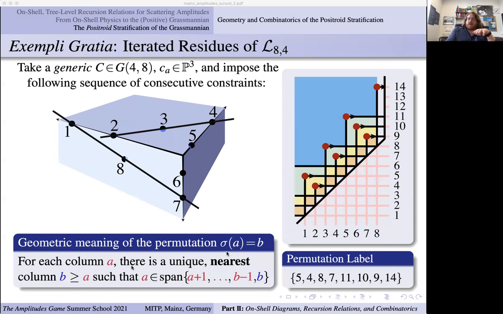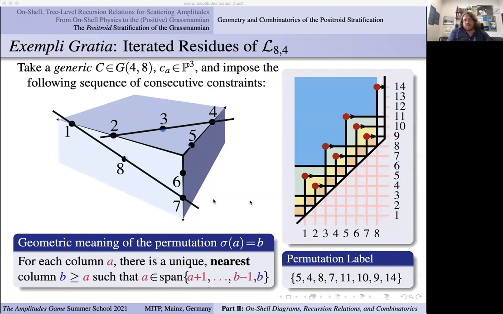For every column A, there is a unique nearest column, so a minimum column B, beyond A, such that A is inside the span of A plus 1 up to B. So, for example, if A is actually empty, then it's in the empty span, so A goes to itself. If A and B are proportional to each other as columns, so they span a one-dimensional space, then A is in the span of A plus 1, and so A goes to A plus 1, etc.